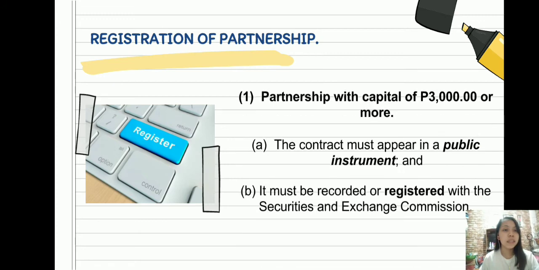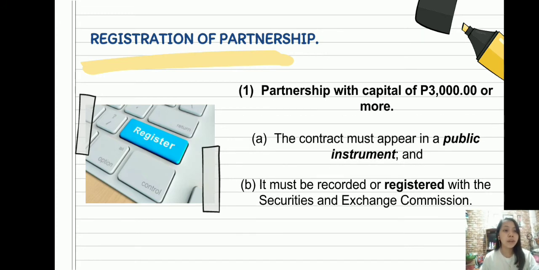So, pagdating dito, hindi ganoon ka-strict compared dun sa immovable property since it is a real rights. So, dito, ang tinatalakay lang naman natin is all about yung mga capital na 3,000 or more. Iyon lang yung nagre-require ng mga requirements na yan, like public instrument and pag-register.